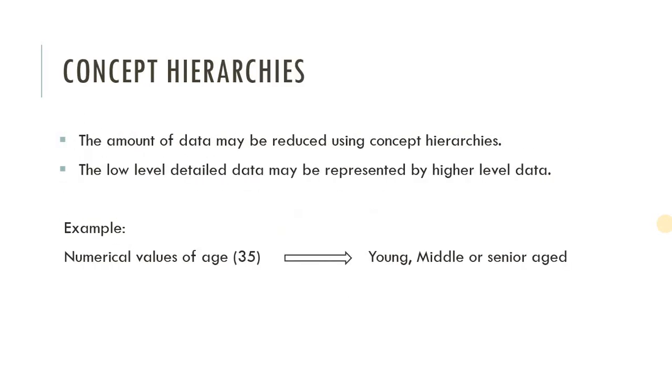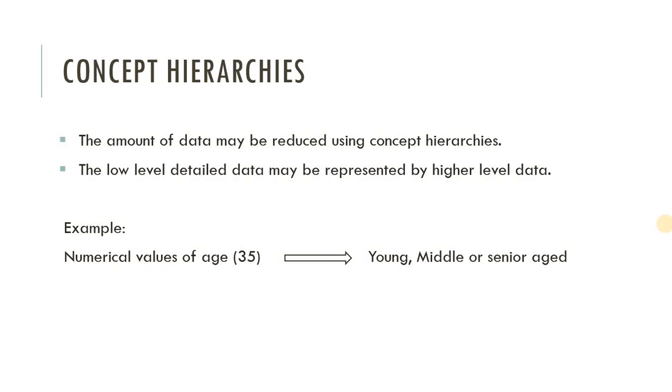In discretization, the concept is concept hierarchies. The amount of data may be reduced using concept hierarchies. The low-level detailed data may be represented by higher level data. So how can we visualize the data? Suppose we have a data value of age, for example, 35.